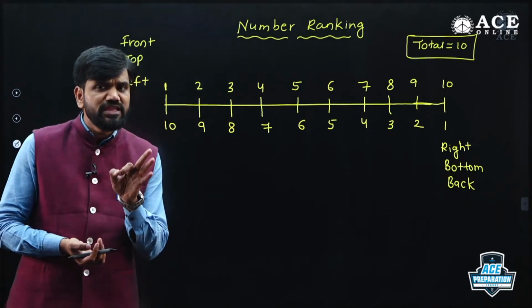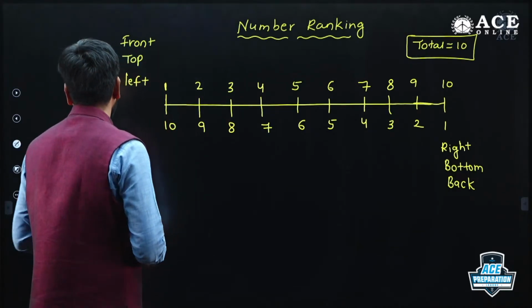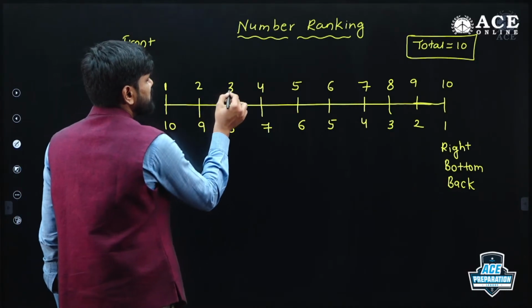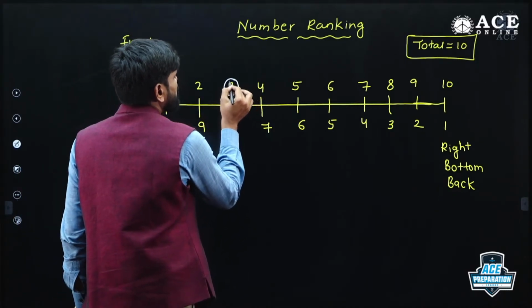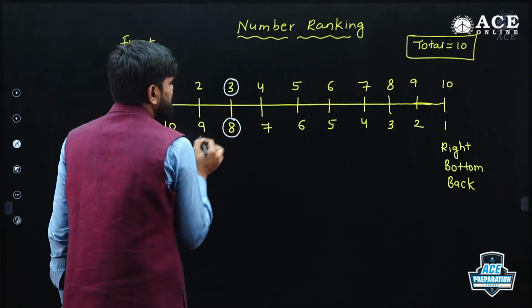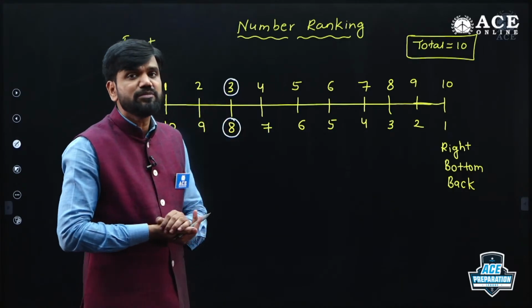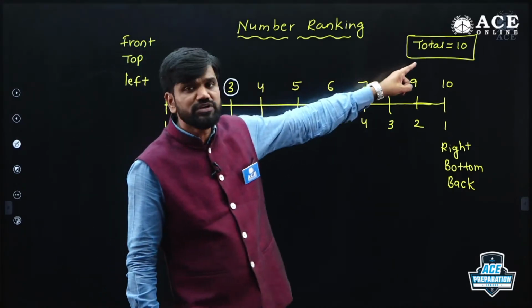Now you choose any candidate, and look at their position from both the ends. So here I am choosing this third person from the left. The position of that person from the right is 8. Together it is adding up to how much? 3 plus 8 is 11, whereas the total is only 10.